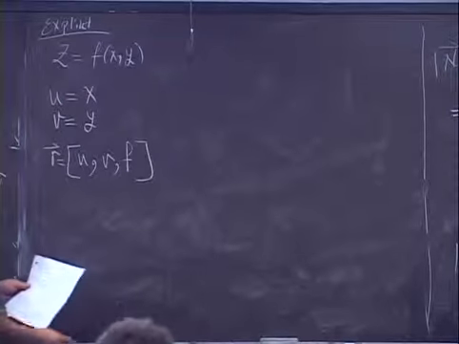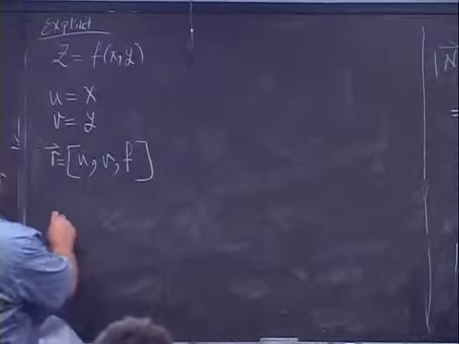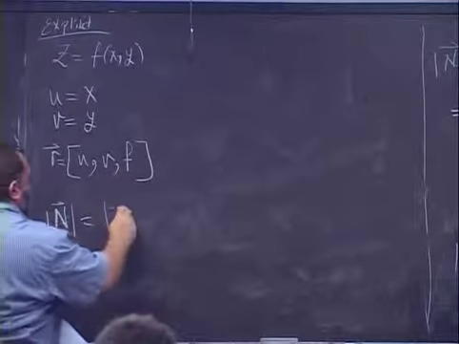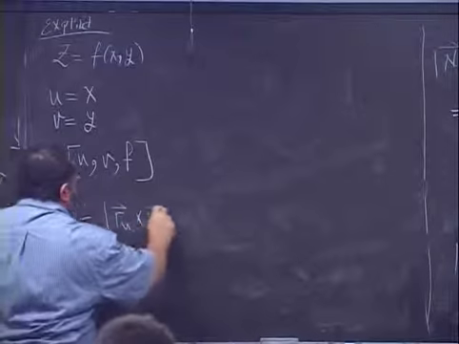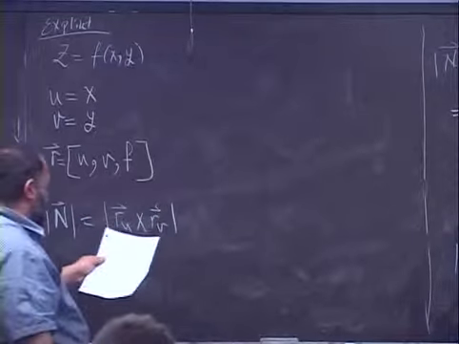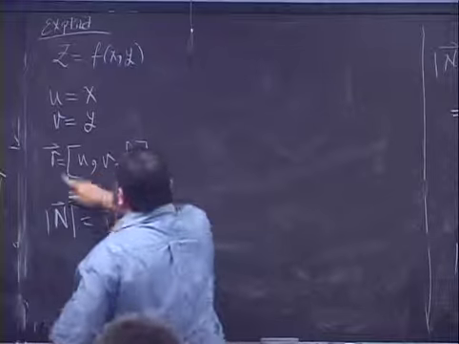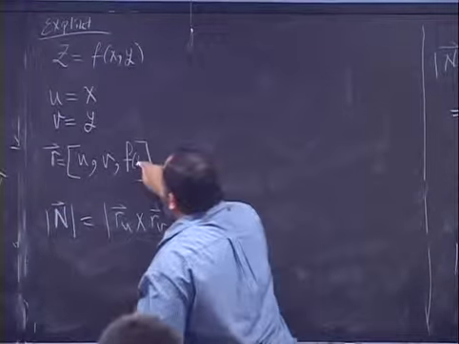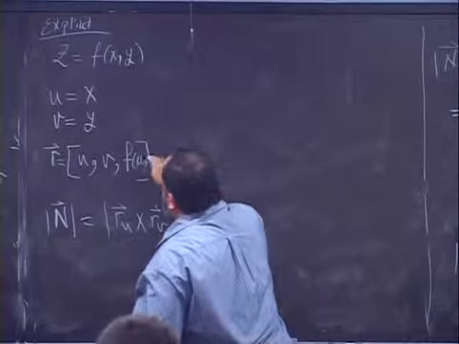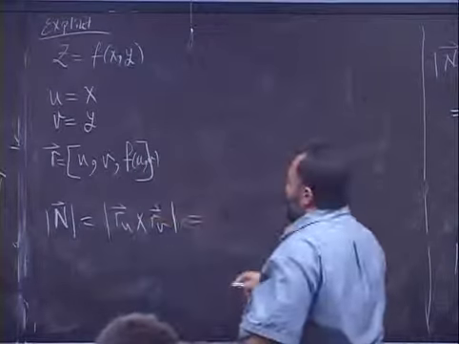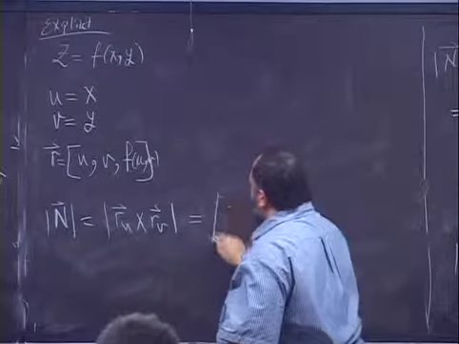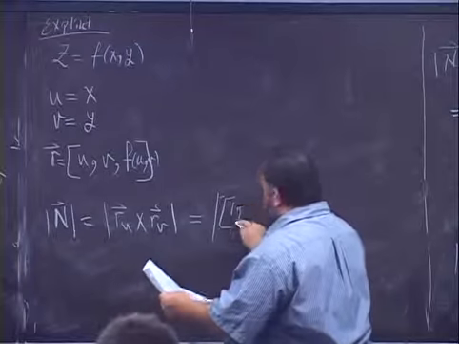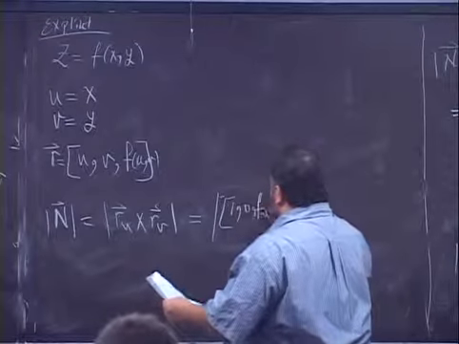From the explicit representation. So what's the amplitude of the vector n? It's r sub u crossed with r sub v. So what's r sub u? This is a function of u and v now. So r sub u is 1, 0, and f sub u.